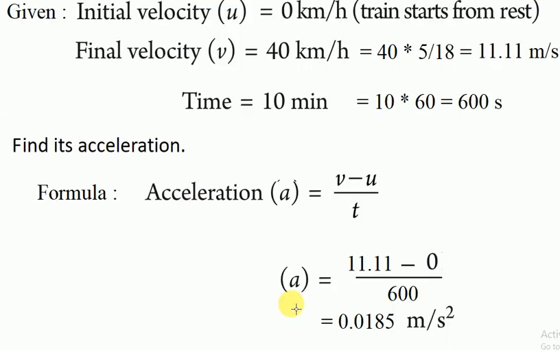So substituting the values which we have just converted, the final velocity is 11.11 meter per second, and since the initial velocity is 0 in kilometer per hour, in meter per second also it will be 0 only. So finally 11.11 divided by 600, and the acceleration which we get is 0.0185 meter per second square. So this is the final answer.